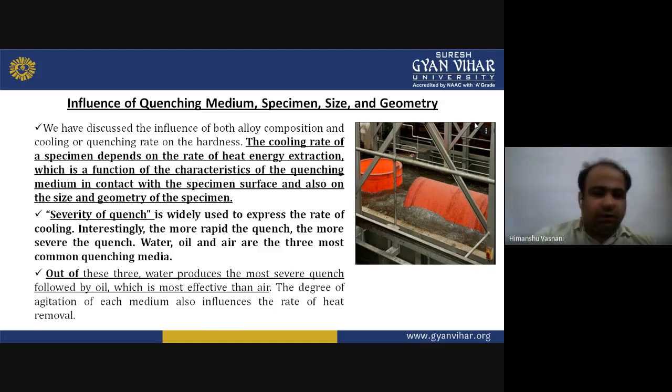The more rapid the quench, the more severe the quench. So the degree of agitation of each medium also influences the rate of heat removal.